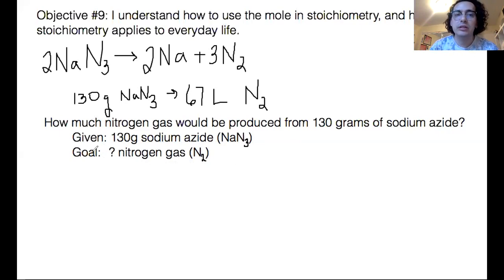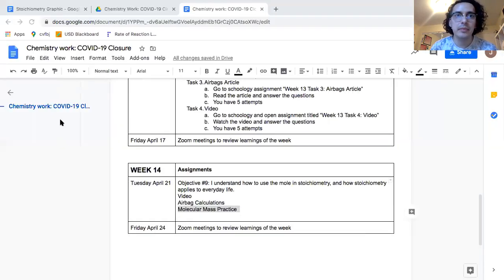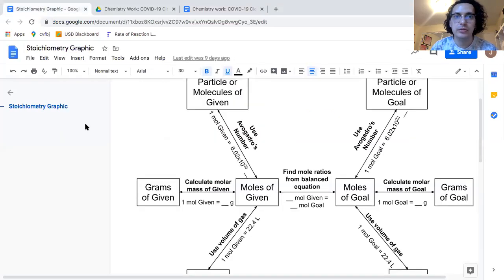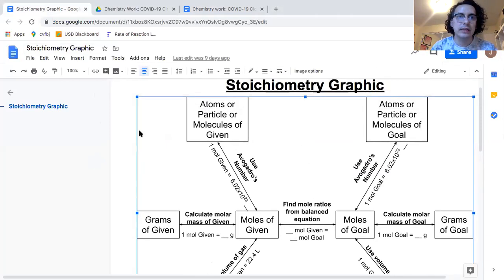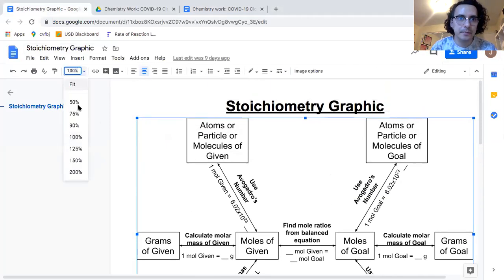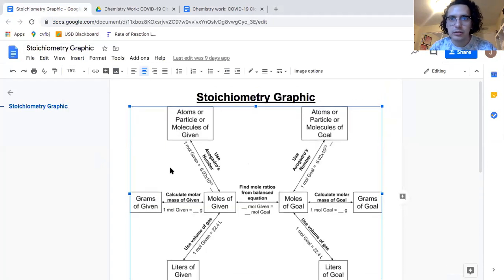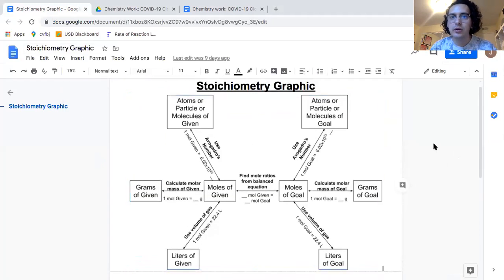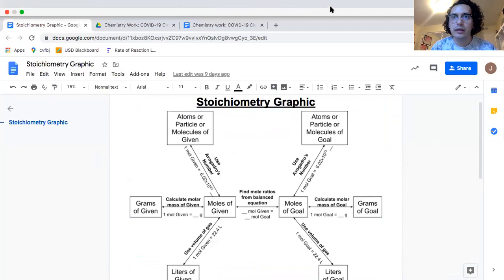But once you identify them, you can use our stoichiometry graphic. The stoichiometry graphic is something that I made for us to use. It is a way to show you what steps you need to take.